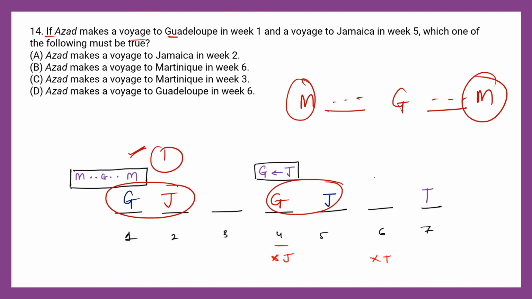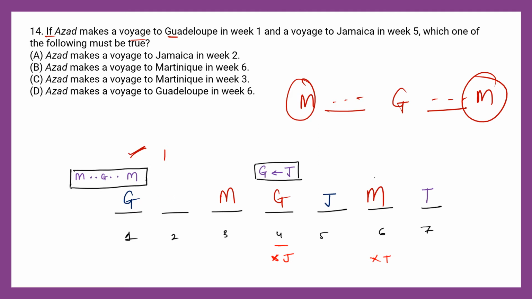Now let us say we had the first possibility, let me remove the second one. If we had the first possibility, then we need to have the M here, and you need to have a G here and an M here. That's one way of going about it. Or in the second case, if we had only this, you had the J and the G in here, then maybe you could have had the M here and an M here.